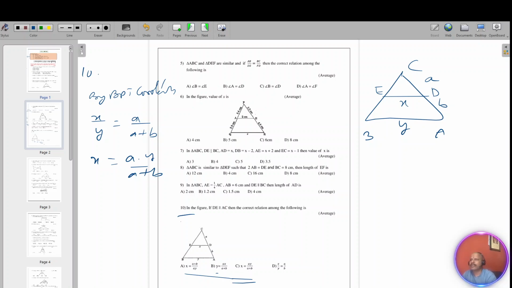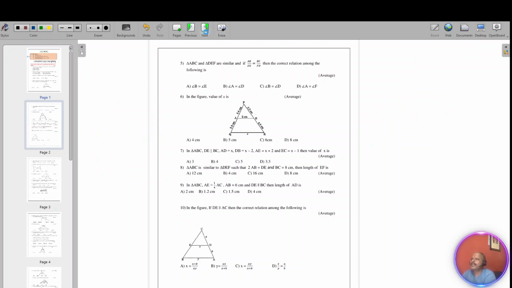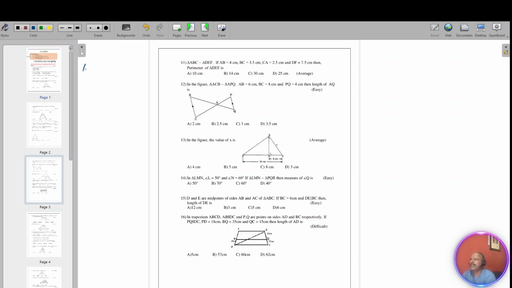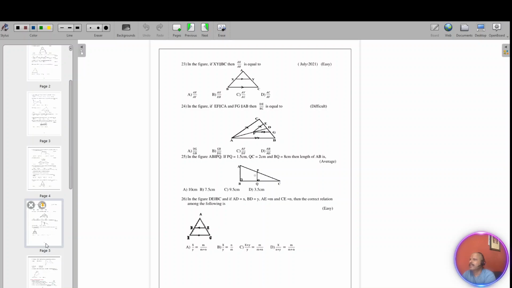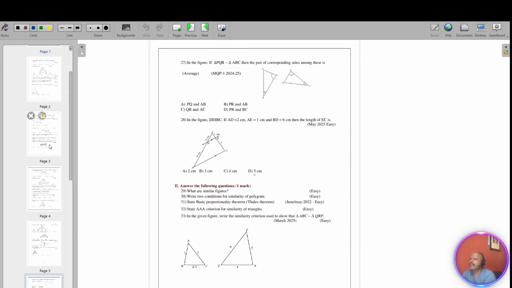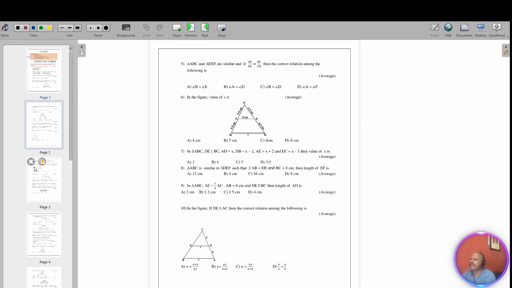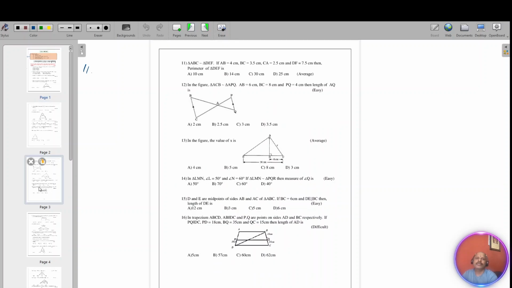This is kind of an important question, the 10th one. It needs your knowledge. Okay, let's see the 11th one. How many questions are there? Let's see. 28 questions. So we are now solving the 11th question. In triangle ABC, see, ABC is similar to DEF.